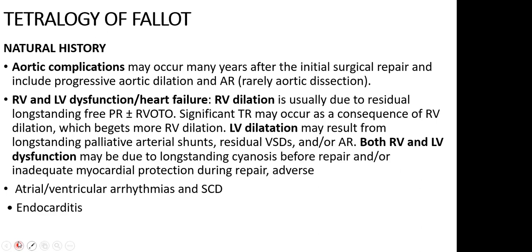So the right ventricular dilatation usually is due to residual long-standing pulmonary regurgitation and or obstruction to the right ventricular outflow tract, while the left ventricular dilatation has been attributed to long-standing palliative arterial shunts, residual VSDs, and also aortic regurgitation. So both of them can actually occur.